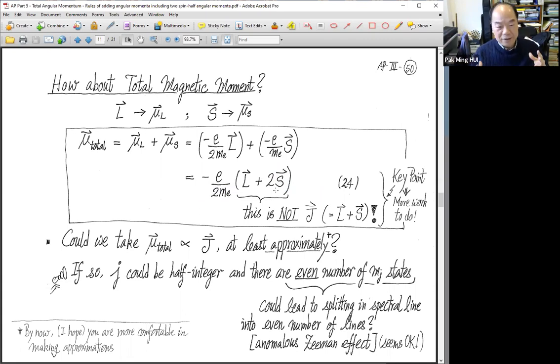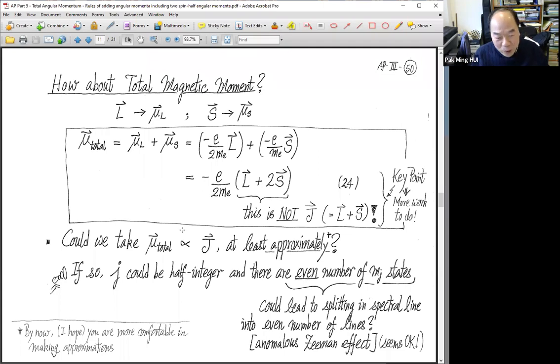It would be nice if the total magnetic dipole moment is really antiparallel to J, but the hard fact is that formally it's not. Nonetheless, later on, we will try to make an approximation. Our course is about making a lot of approximations. So we want this to be the case. The question is how? We will discuss it later.